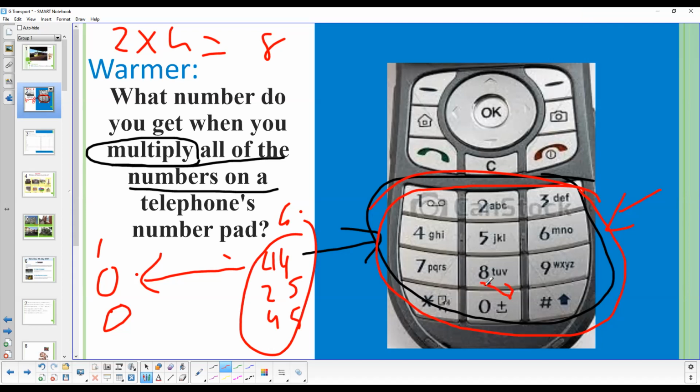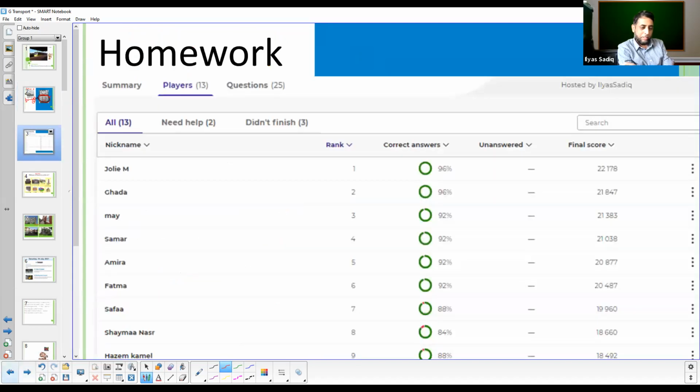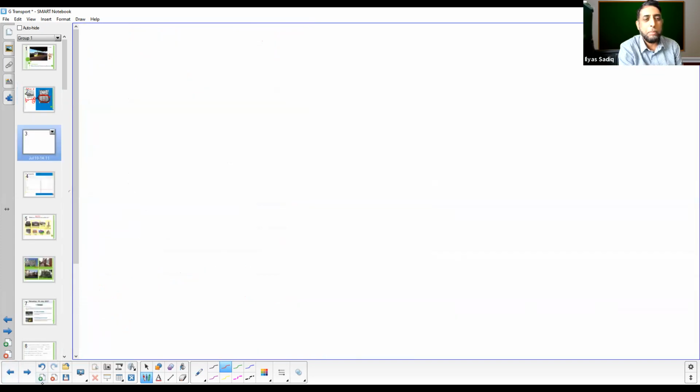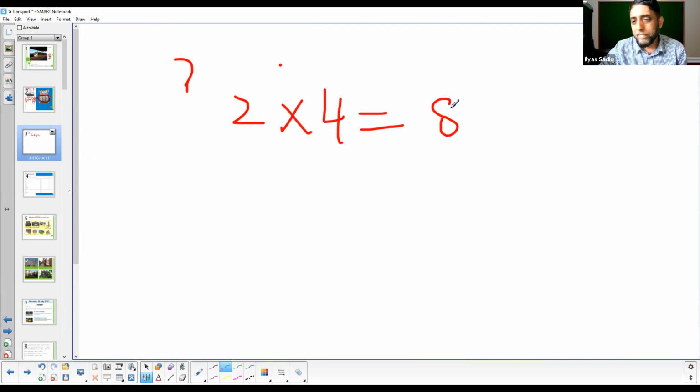So if you multiply any number, for example, you know that this is 8, right? And another number, if you multiply 4 by 4, you know that's 16, right?